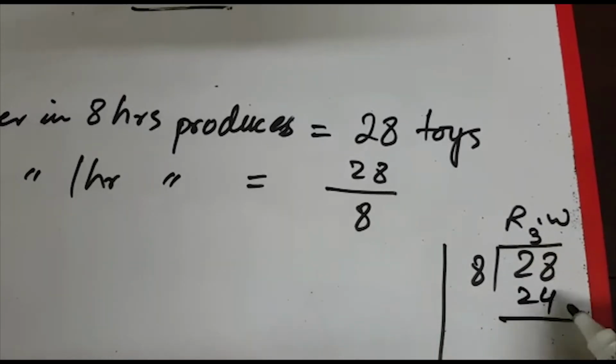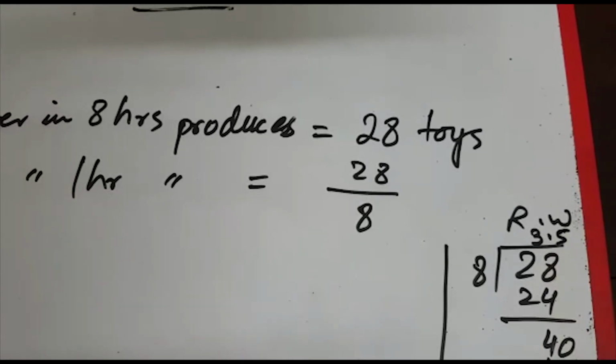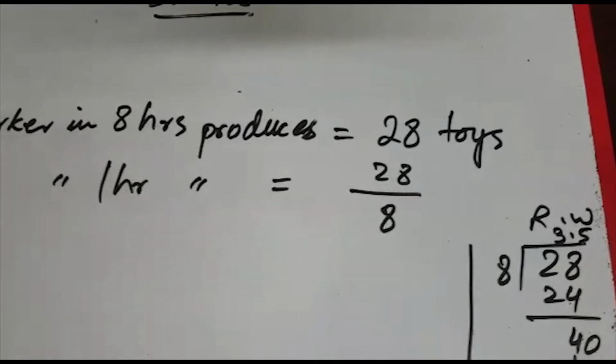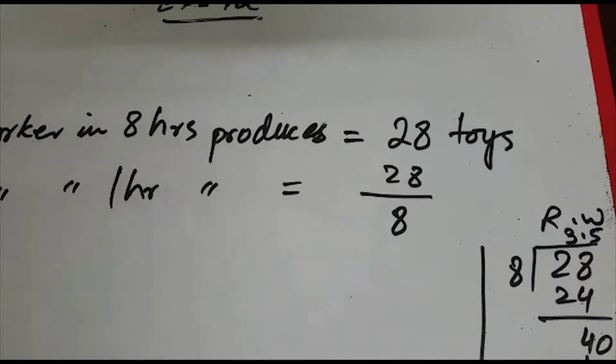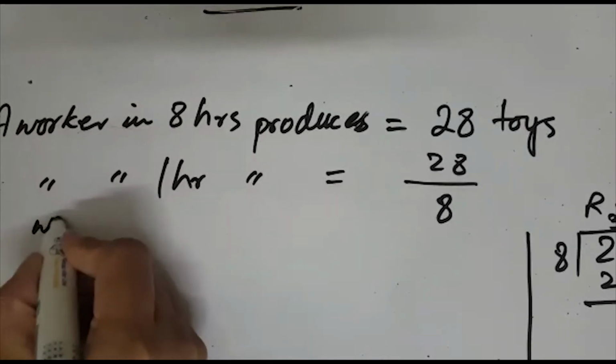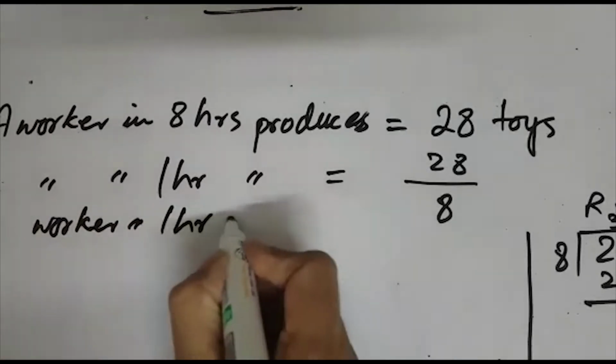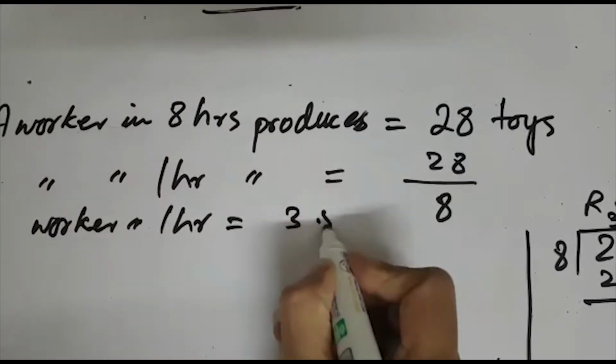It is 24, left with 4, put a decimal here, 5s are 40. Means a worker in 1 hour can produce 3.5.